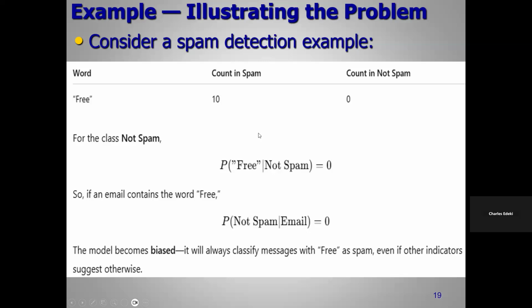In a real email, you have sentences and paragraphs, not one word alone to determine whether it is spam or not spam. That is the real-world problem we are talking about.